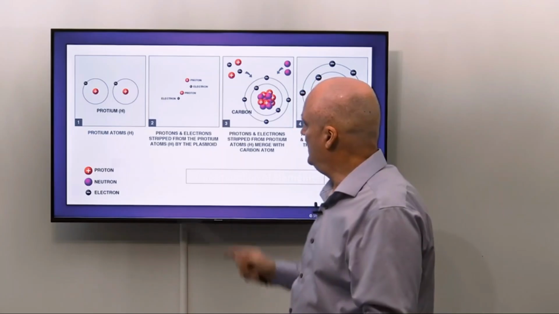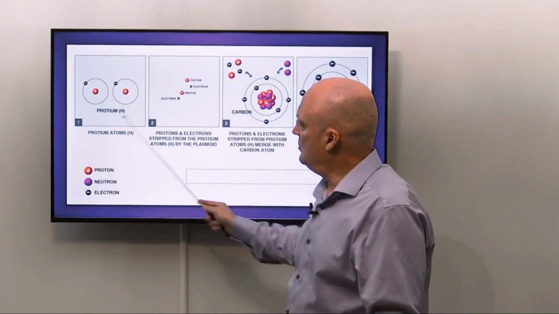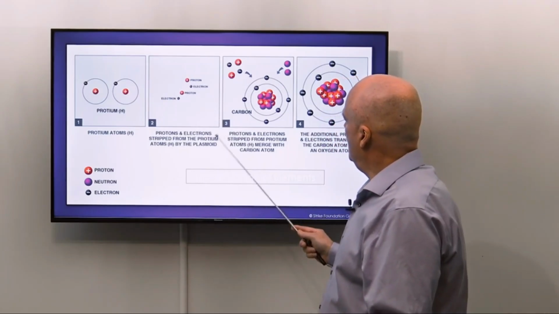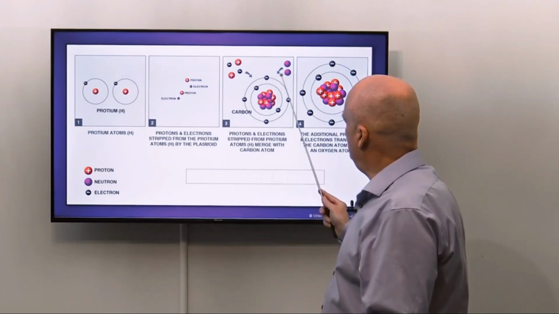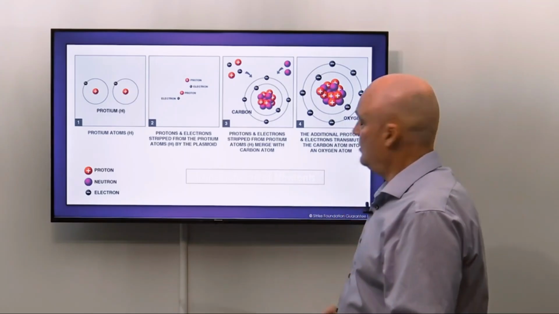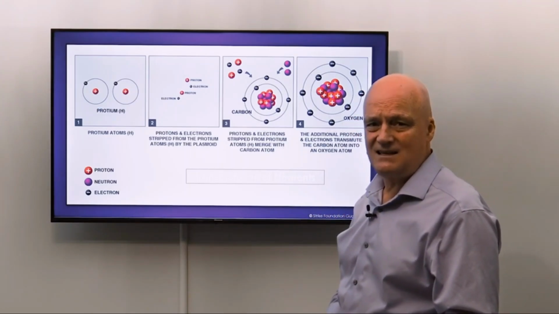Well, you simply disassociate your hydrogen into its base form of energy, and then you add that in proportion to take your carbon, which is 666, to your oxygen, which is 888.